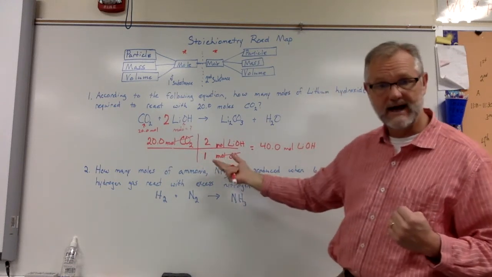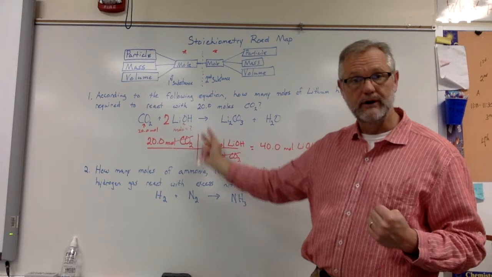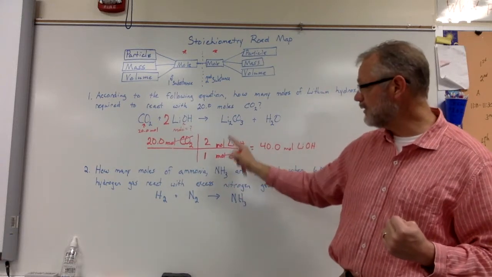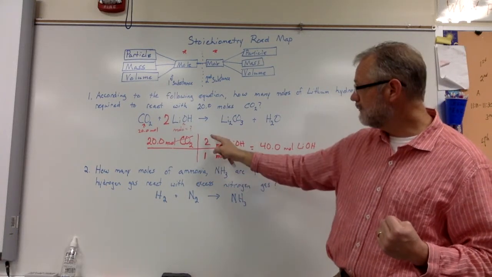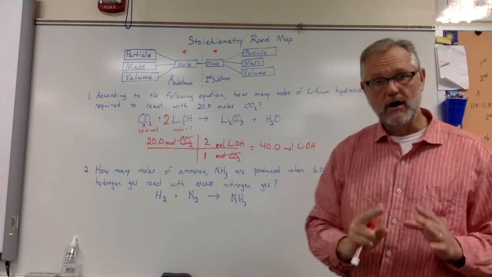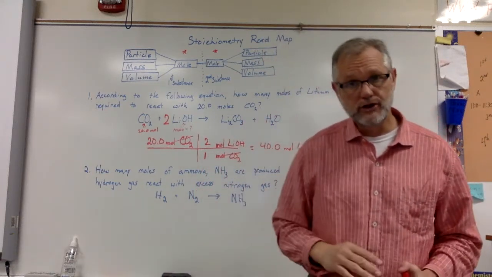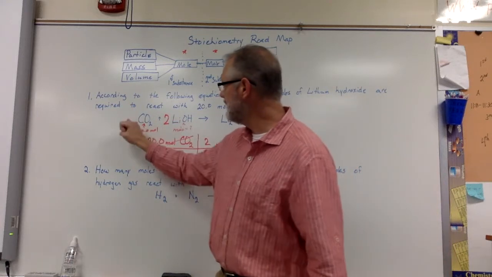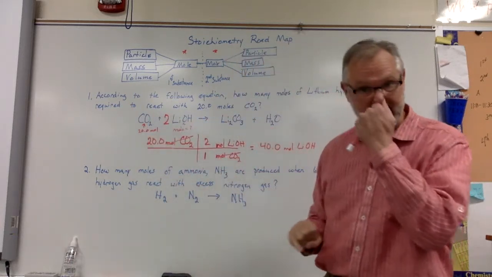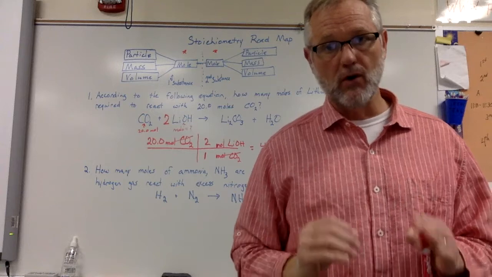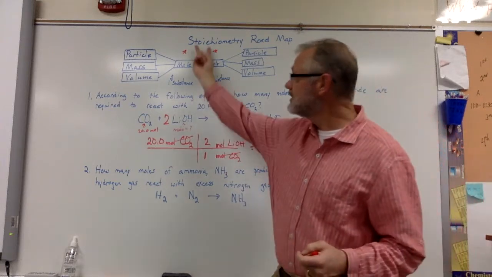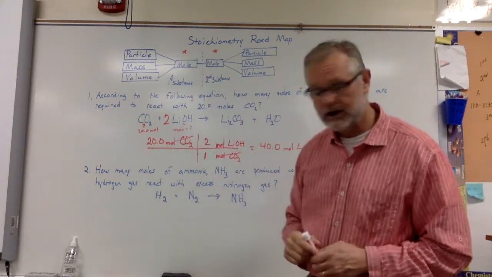Then I set it up: what I'm given, put it in a factor label box, what I'm looking for, what I'm factoring out, mole to mole ratio. The only time, guys, that you use these coefficient numbers in a balanced equation is when you're doing your mole to mole ratio, which is right here.